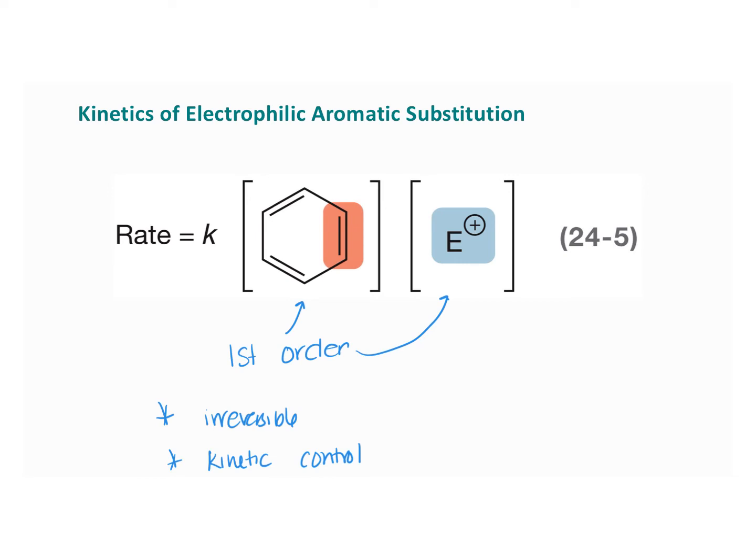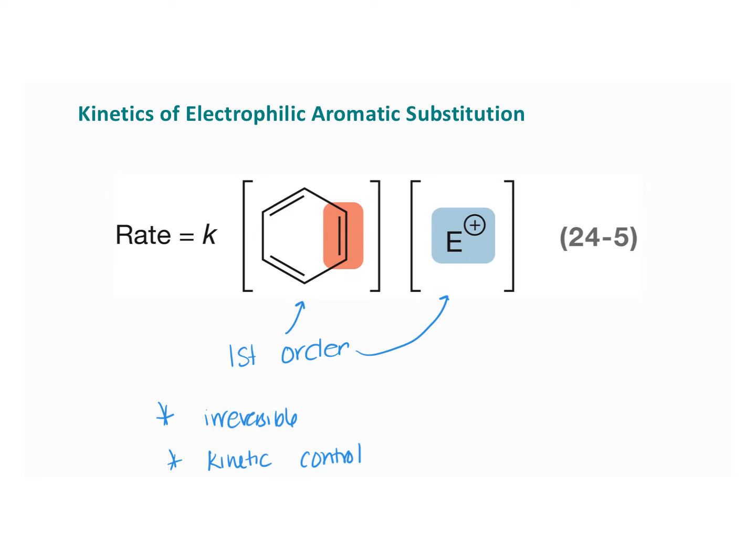And I want to remind you, in situations where electrophilic aromatic substitution is involved in a competition, it's really important to know whether it takes place under kinetic or thermodynamic control. And so what we know is that these reactions are generally under kinetic control.